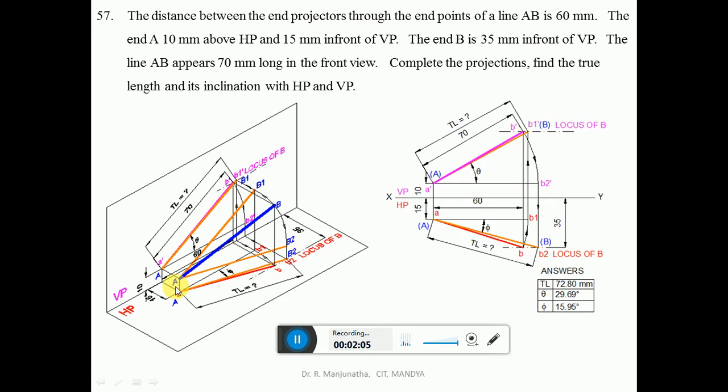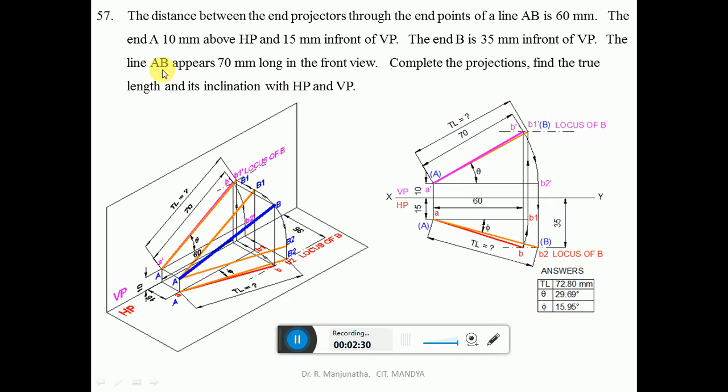Then the distance between the end projectors is seen in the front view also, in the vertical plane. So from the projector of A, you measure the 60 mm and draw a vertical projector in the front view. Since we have the top view line on this end projector, we are going to get the front view, because that is the distance between the end projectors.